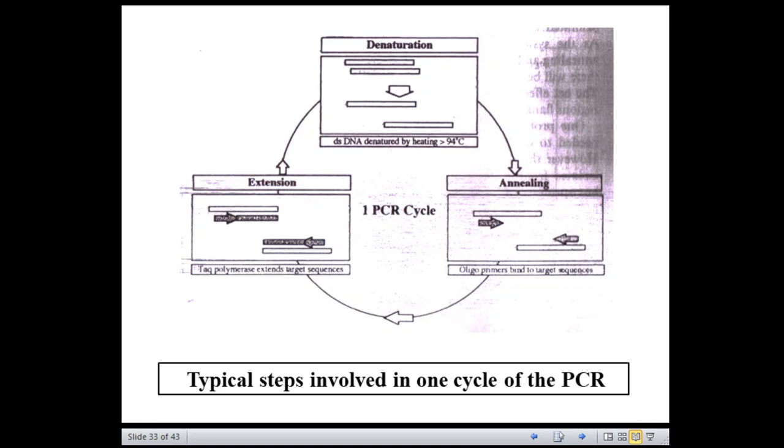The annealed oligonucleotides act as primers for DNA synthesis since they provide a free 3' hydroxyl group for the enzyme DNA polymerase. Now the DNA synthesis step is termed extension, and it is carried out by a thermostable DNA polymerase. The most commonly used enzyme is the Taq DNA polymerase.